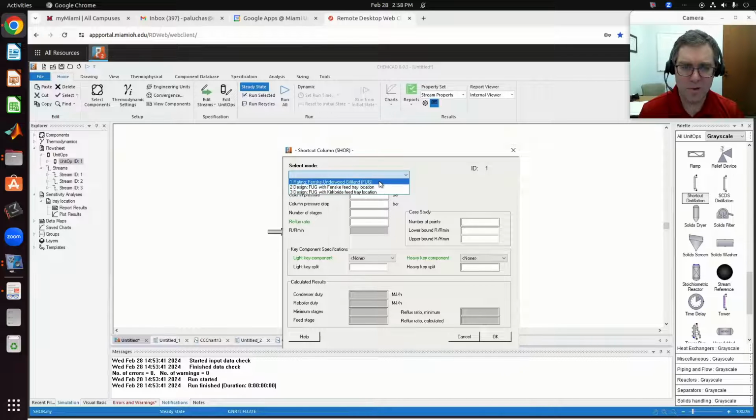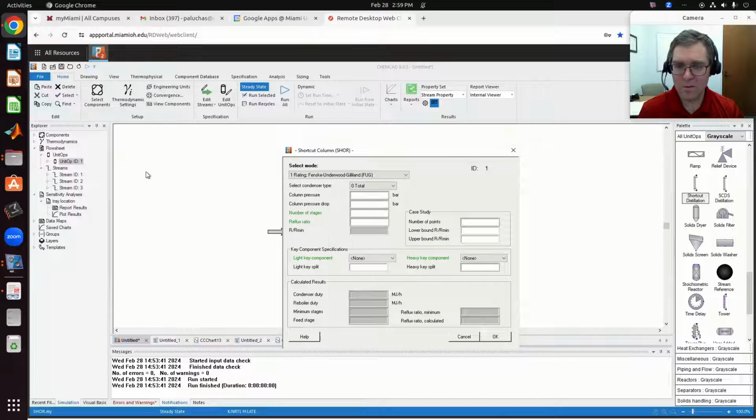We'll look at all of them. If I start with Fenske, Underwood, Gilliland, it's a correlative-based method. We'll say we have a total condenser. You have total or partial, no partial with decant. Remember, no minimum boiling azeotropic systems.